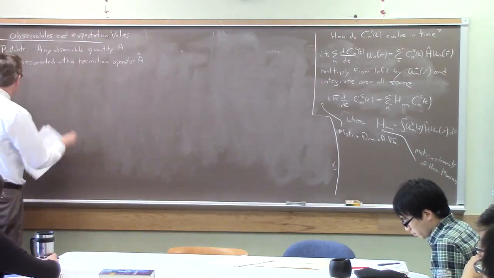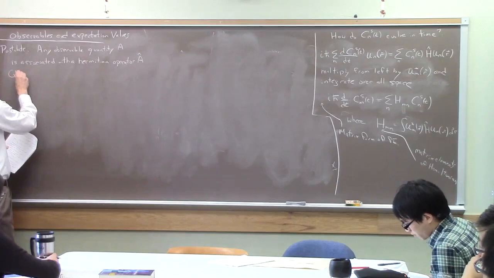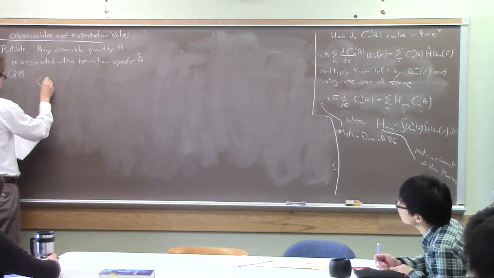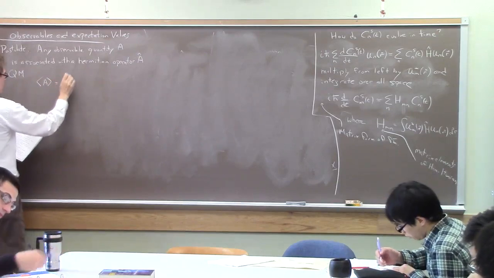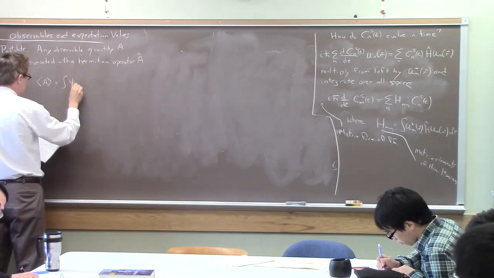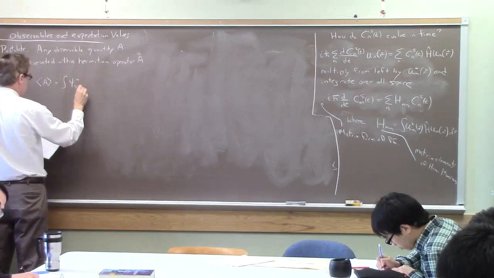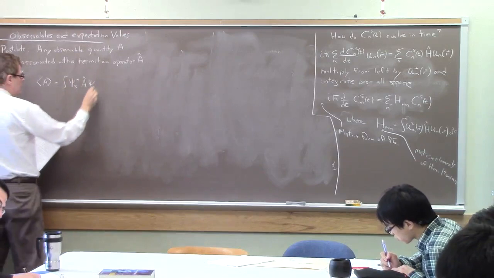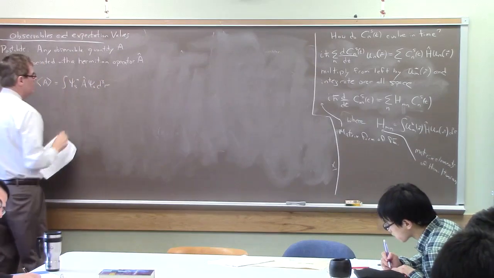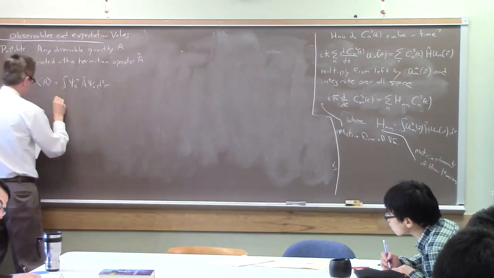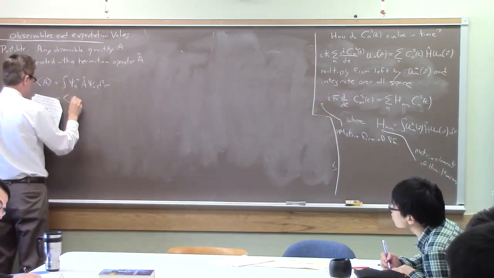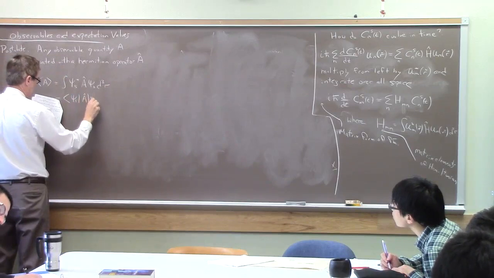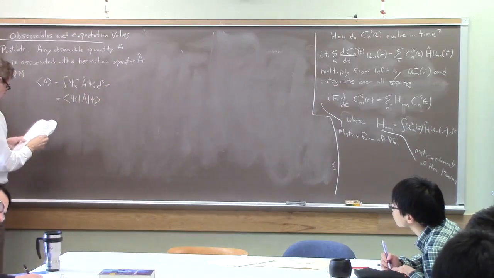Okay, so according to quantum mechanics, in general, the expectation value of an observable quantity is obtained by taking psi star, the operator A, and psi itself, integrated over r, or in Dirac's notation, <psi|A|psi>.